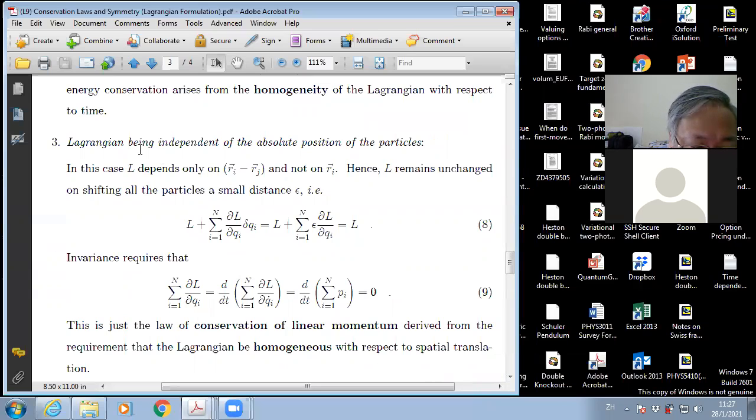In other words, we just shift the coordinate system, whether it is Cartesian, spherical, or cylindrical coordinates, by a small distance, all right? So the displacement will appear to be the same for all particles, so that's why epsilon is independent of i. I here means the particles, all right?